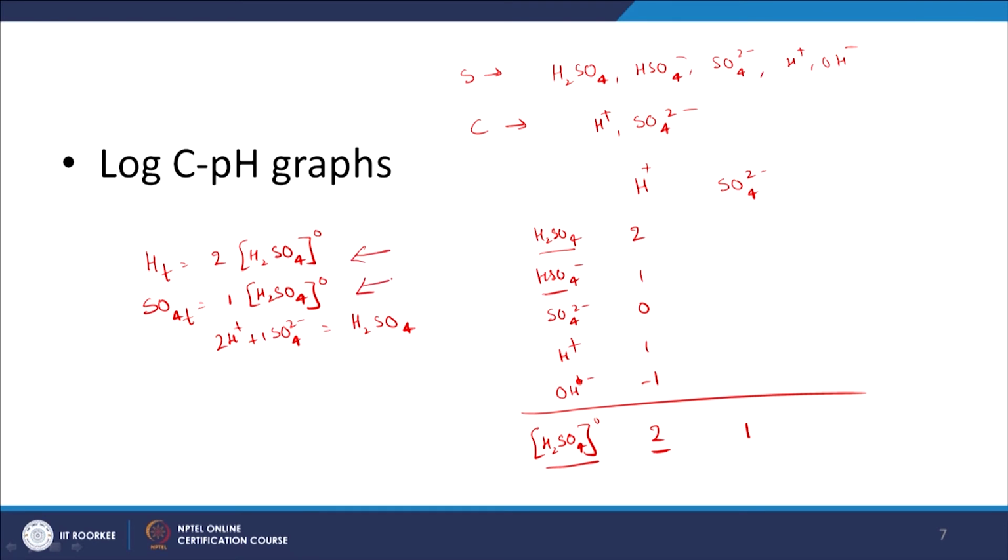So let us go back to our trial and error. We are again looking at how much H2SO4 needs to be added if I want to achieve a pH of 3, and we are going by trial and error. The reason we looked at the component balance just now is that, unlike the case of HCl or HAc where H total and Cl total were the same, this time H total and SO4 total are not the same.